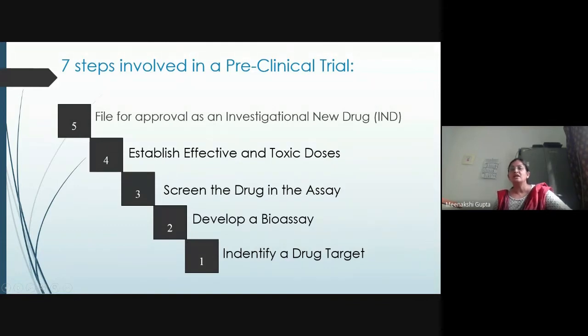Then screening the drug in the bioassay, then establishing the effectiveness and the toxic dose, and then filing for approval as an investigational new drug. So simply we can say that a preclinical trial requires these basic 5 steps.